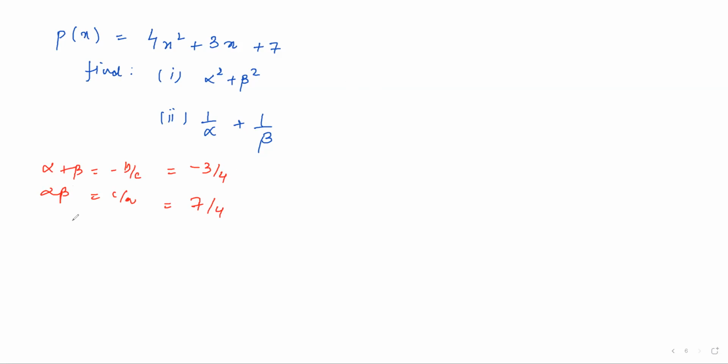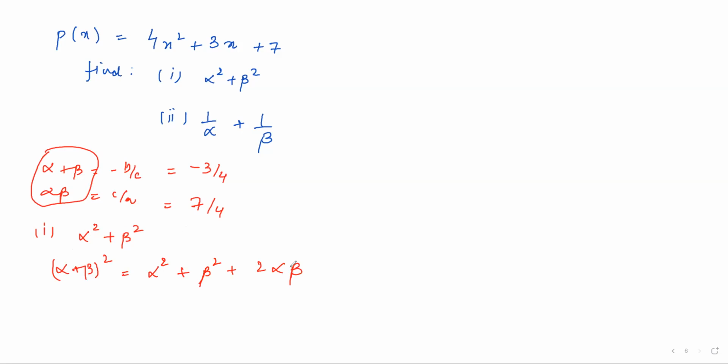Now come to what you have to find. First thing, you have to find alpha square plus beta square. You know only this much, nothing else, right? And you have to find the square. So here you will make use of the identity that we have already done once. Use this identity: alpha plus beta whole square, the a plus b whole square formula, is equal to alpha square plus beta square plus 2 alpha beta.